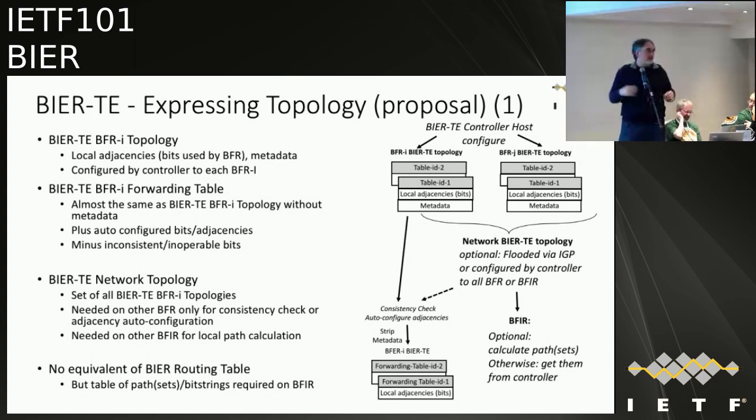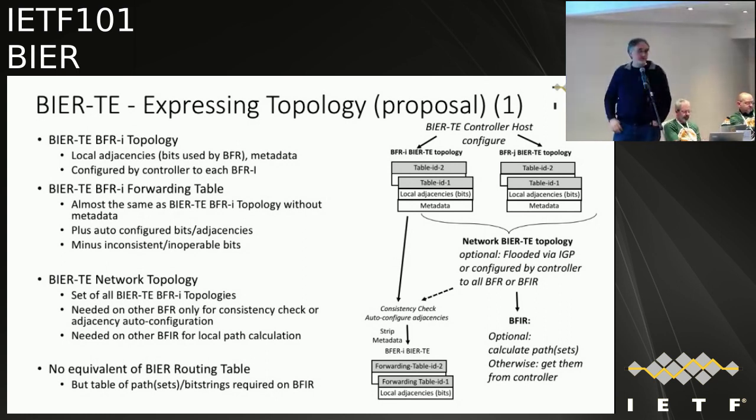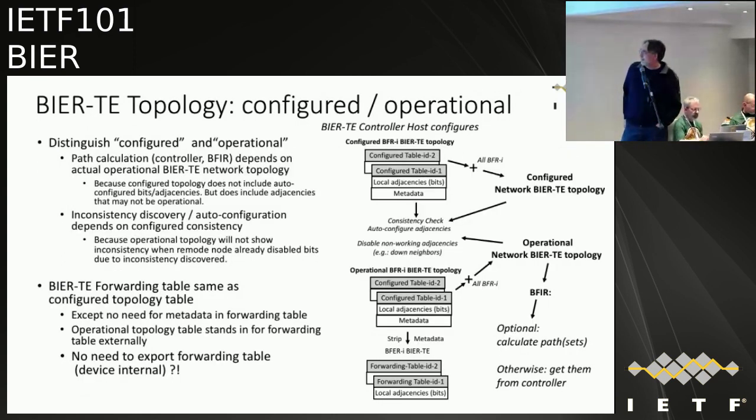Oh, wait a second, this bit is totally messed up, wrongly configured. Maybe we take it down, don't allow forwarding on it, and alert the operator. And then also the auto configuration. But the forwarding table is really the same as the topology table, except with all the metadata to describe things stripped out of it, and maybe some auto-discovered adjacency bits. Next slide.